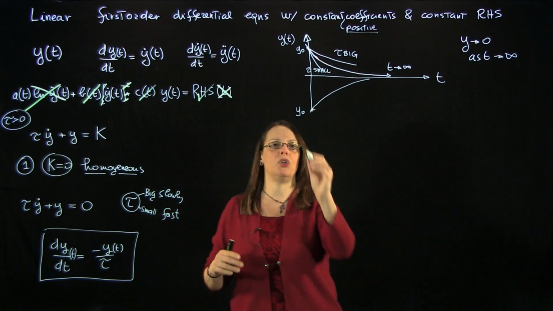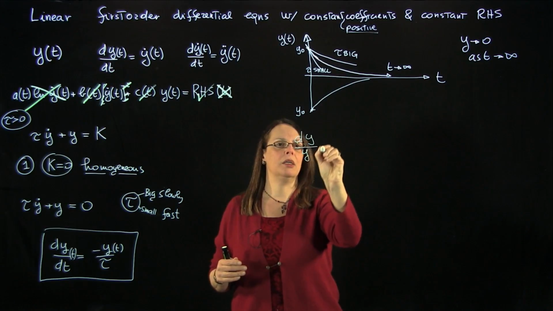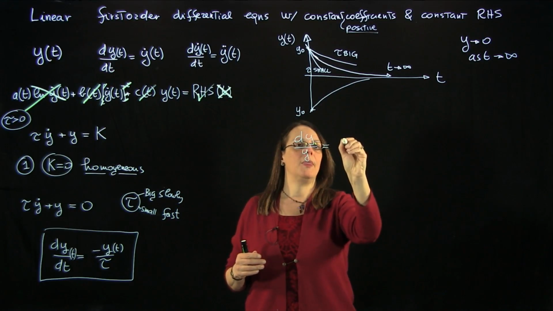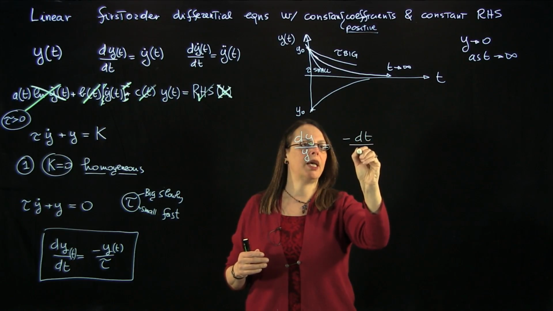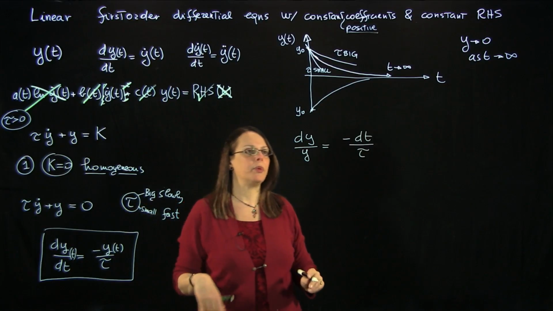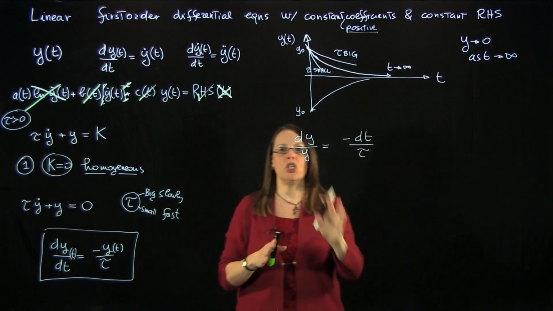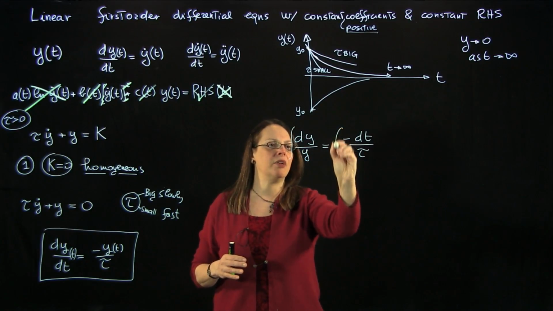So I rewrite that equation as dy over y equals minus dt over tau. I just rearrange things. This goes down, this goes up. And so now this is a relationship between the two differentials. And what I can do is integrate the left and right hand side.